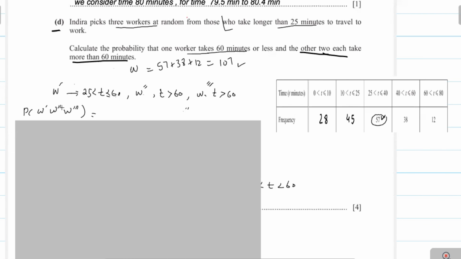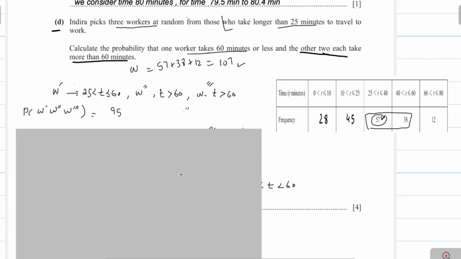We find the probability if the first worker takes time less than 60. The workers who take time less than 60 out of 107 are 57 plus 38, which is 95. The number of workers is 95 out of 107. W double dash represents the worker who takes more than 60 minutes.